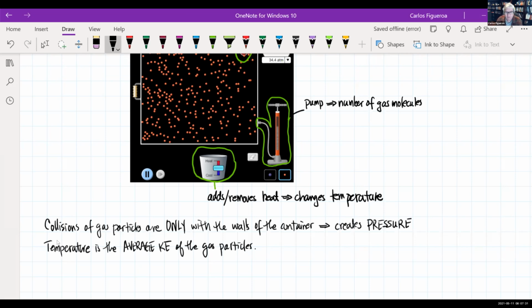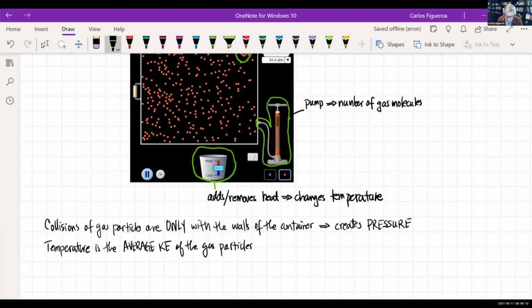So there's a difference between the particles colliding with the walls, and then you can have particles that collide with each other. So temperature is the average kinetic energy of the things. And we should say here that collisions between particles are effectively ignored, and they don't contribute to the temperature and they don't contribute to the pressure. Well, that's a white lie. And that's what we mean by a very, very simple law when we say this here.